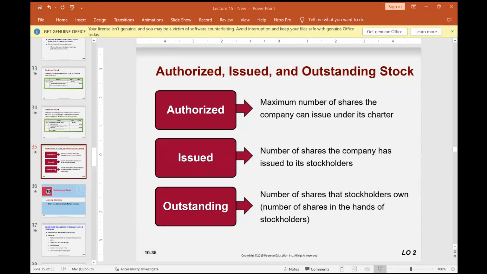Okay. So, we were talking about the authorized, issued, and outstanding. So, there is a difference between issued and outstanding. For example, a company has a charter to issue 10 billion shares, and the company issues only 1 billion. And right now the shares in the market are 900 million.